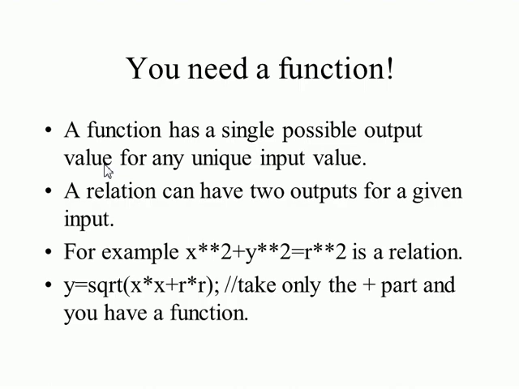Yeah. That's a function. If you have 2 possible values out, like plus or minus the square root of x squared plus r squared, then you have 2 values out. That's not a function. That's a relation. So if you think about the implicit representation of a sphere, it's a relation.